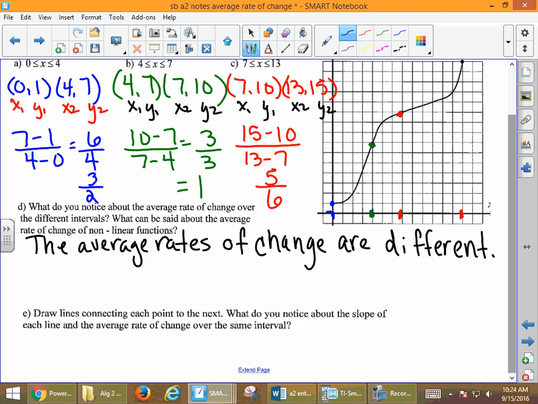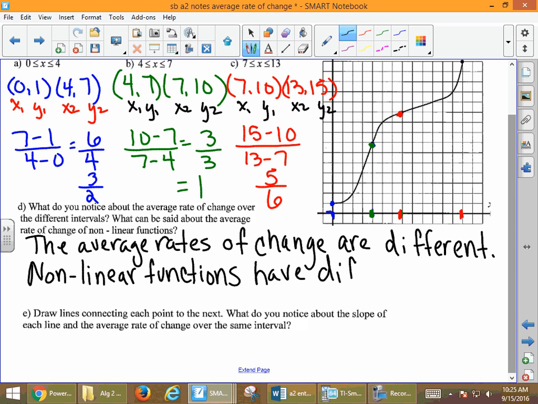But the thing is, these are non-linear. In a line, they're all the same. In a non-line, they're not all the same. So non-linear functions have different rates of change.